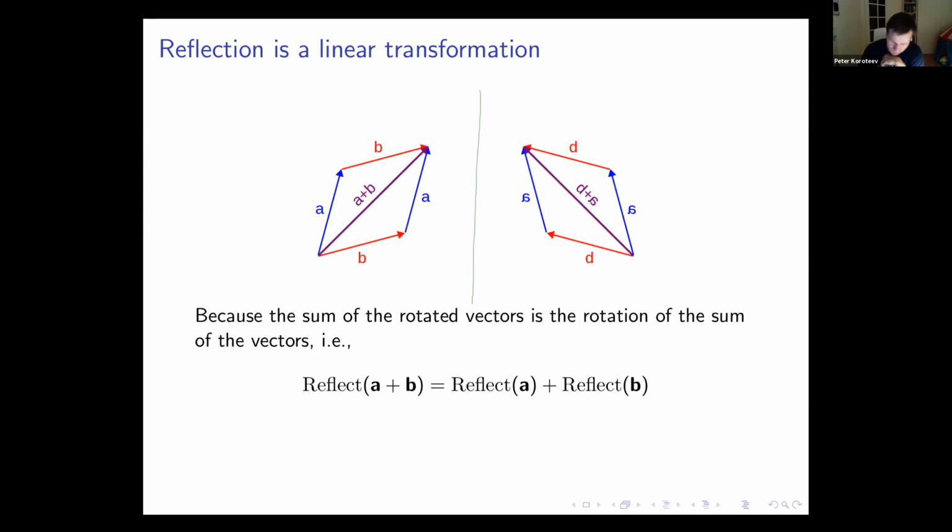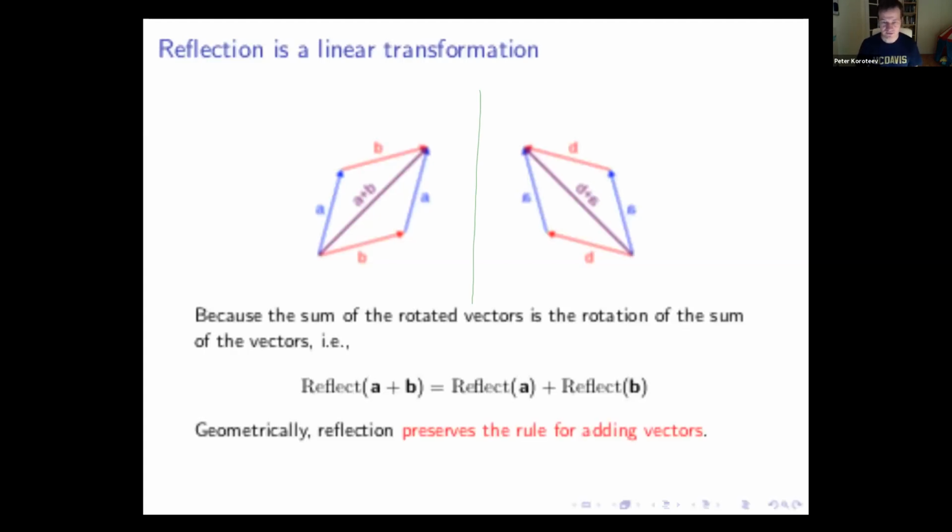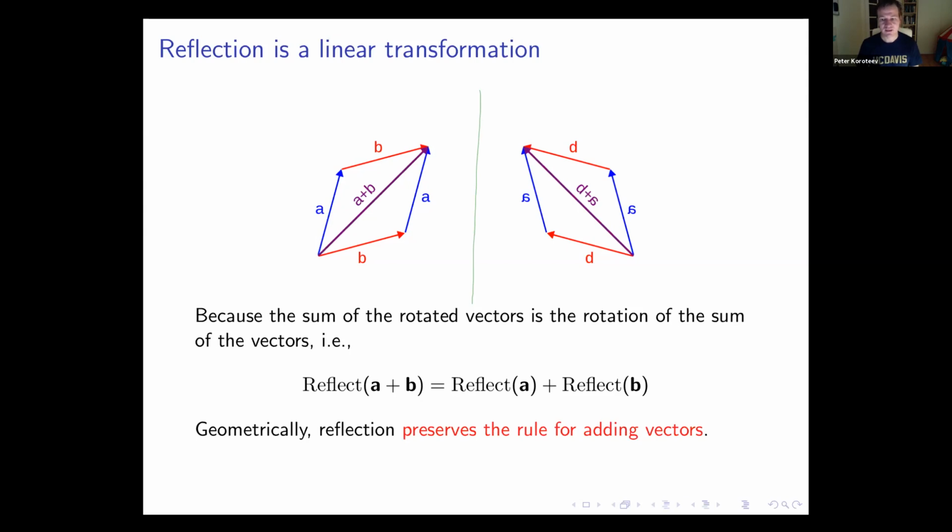Since you do it for every vector, you can check that. The way I do it here, I just did the mirror reflection of the entire picture using my computer. So yeah, a reflection is also a linear transformation. It preserves the rule of adding vectors.